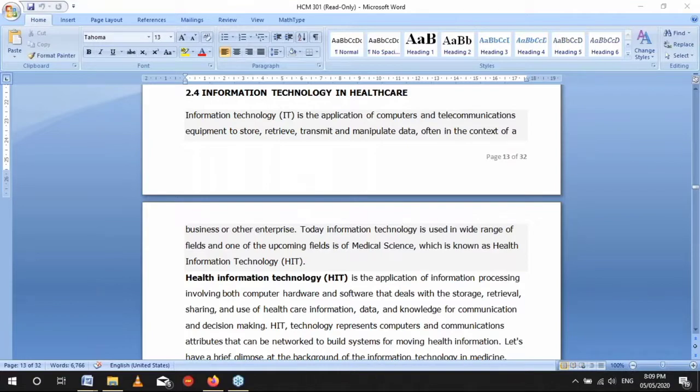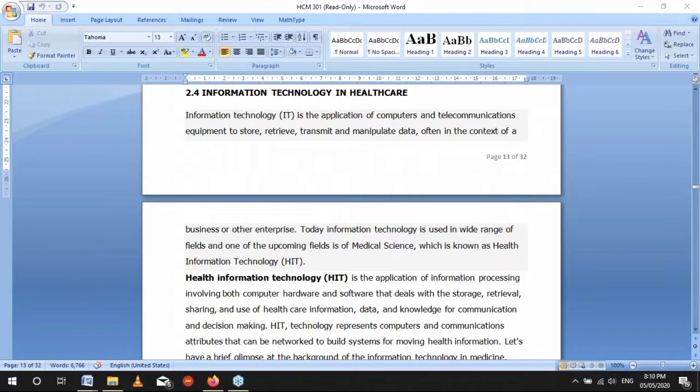Okay, so there is a term known as managed healthcare. Managed healthcare, as in the word manage.